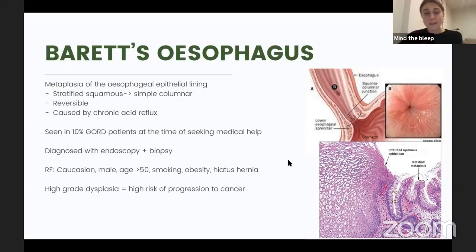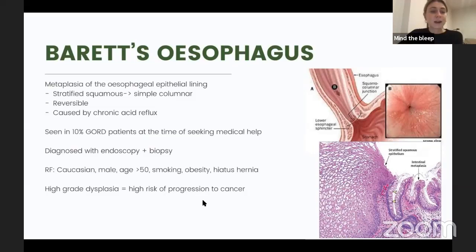Then you take biopsies, and if on the biopsy from the esophagus you can see this simple columnar epithelium with glands, then you have the diagnosis of Barrett's esophagus. Symptoms are very similar to gastroesophageal reflux disease, and those, as I mentioned, usually overlap. The risk factors are being Caucasian, being male, being older than 50, smoking, obesity, and having a hiatus hernia.